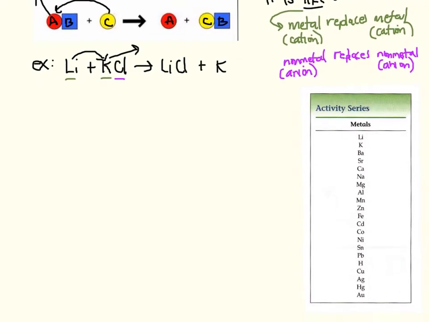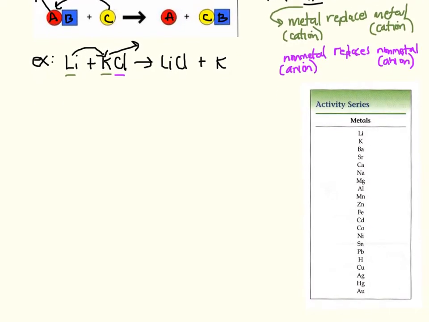Now, there's a thing called an activity series that you will be given in class. And an activity series is a list of metals from strongest to weakest, or we like to say most active to least active. And as you go down the list, the metals become less and less capable of replacing the metals above them.